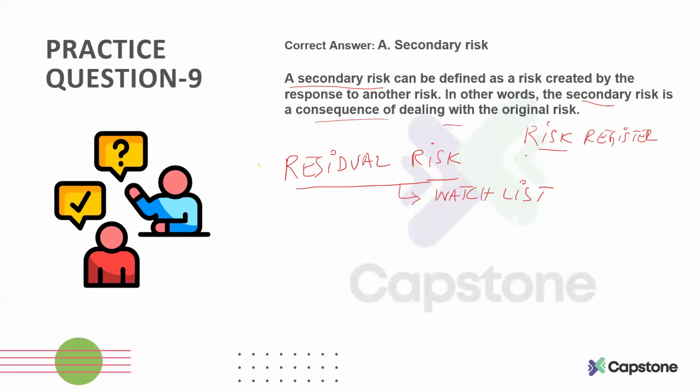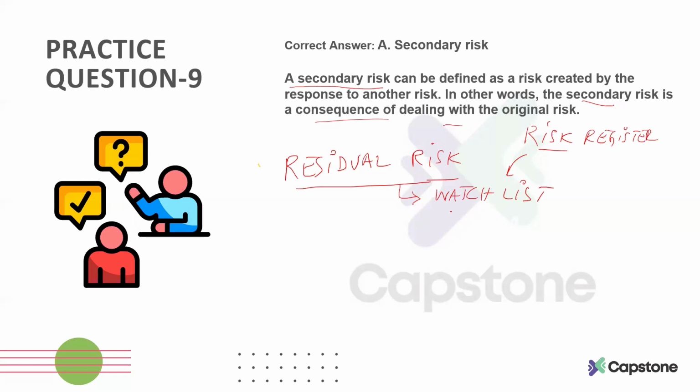And you can say that the watch list is a subset of your risk register, where we keep our residual risks, or the risks for which we have not made any plans on how to deal with them.